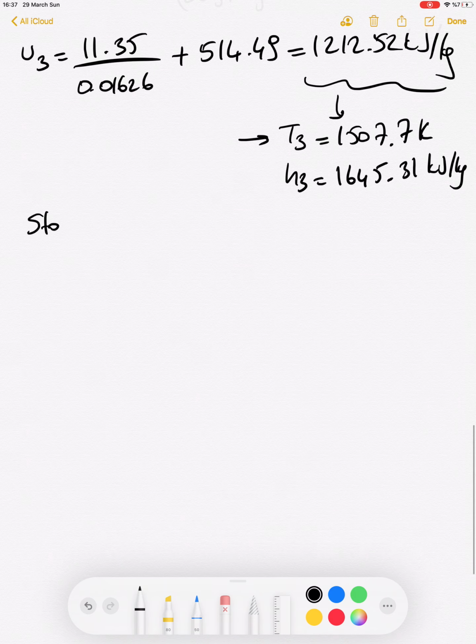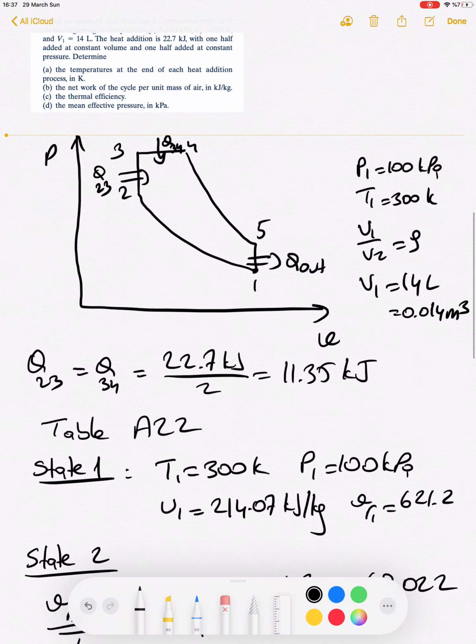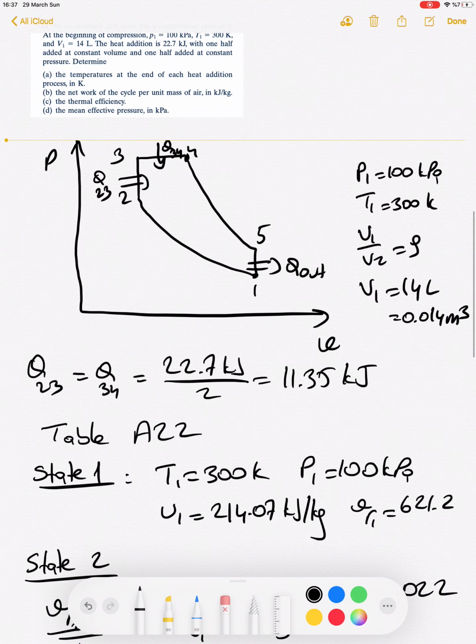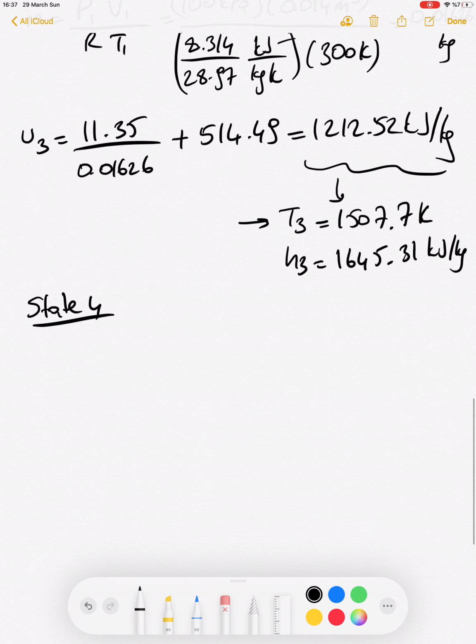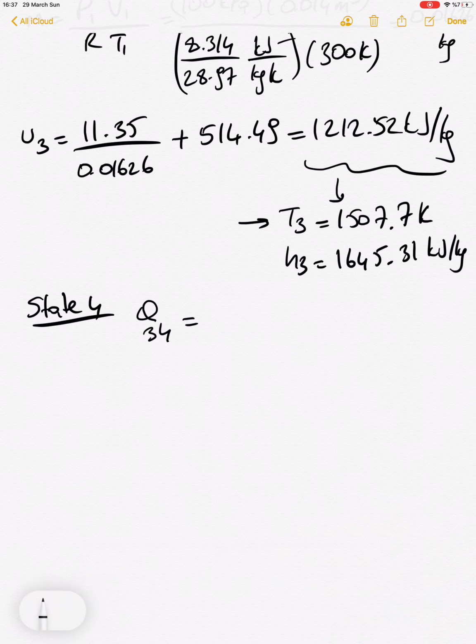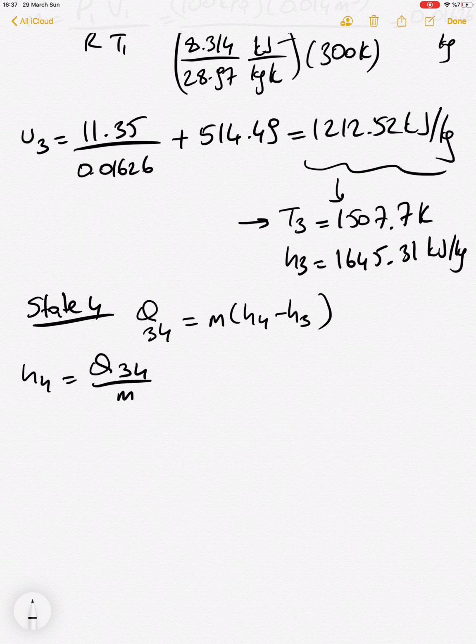For state 4, what was state 4? State 4 is here. Okay, so this is the state 4. And for state 4, we have constant pressure heat addition, Q34 is equal to M (H4 minus H3). Therefore H4, we need one property here, because for ideal gas enthalpy depends only on temperature, is Q34 divided by mass plus H3, which is 11.35.